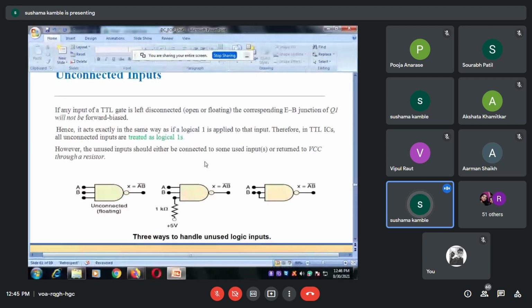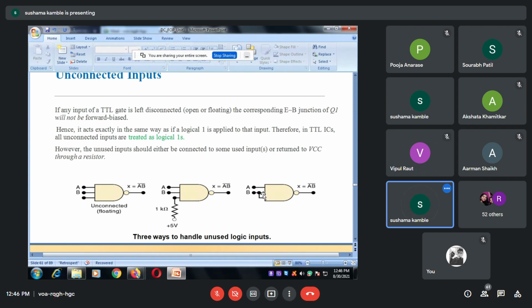You have to connect this unconnected input to VCC through a resistor, because we are saying that it is always treated as a logic 1 even if it remains unconnected. Okay, see this diagram, that is unconnected floating; A and B you are connecting and this wire we kept as it is. So what you have to do is connect this third input to VCC through a resistor, or you can make the arrangement like this.